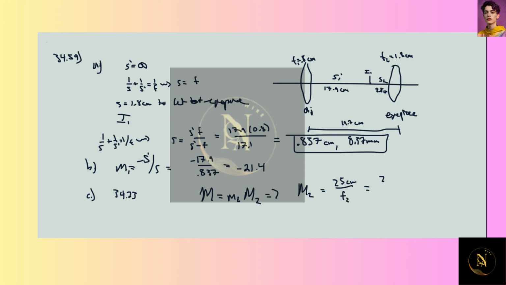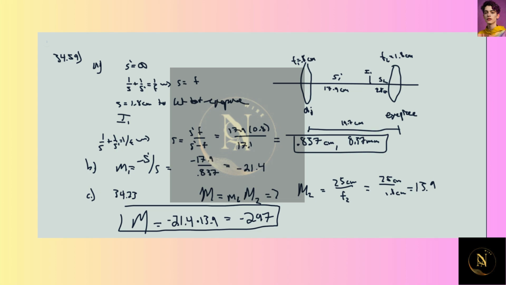So let's plug that in, which is 25 centimeters over 1.8 centimeters. So this is 13.9. So our overall magnification is negative 21.4 times 13.9. If we plug that in, we get negative 297 for our magnification. So yeah, this microscope magnifies roughly 300 times, which is very, very good.